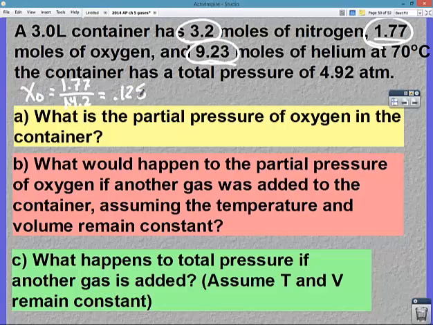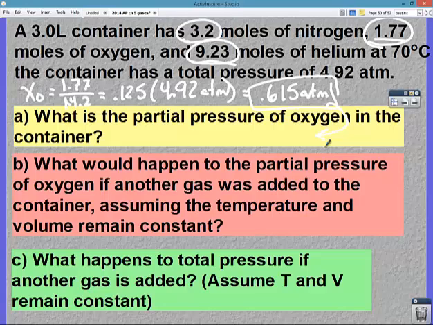We have a mole fraction of 0.125. We can multiply that by our total pressure, and oxygen has a partial pressure of 0.615.